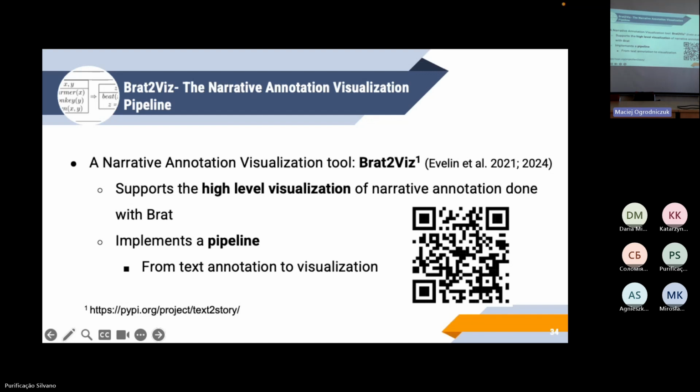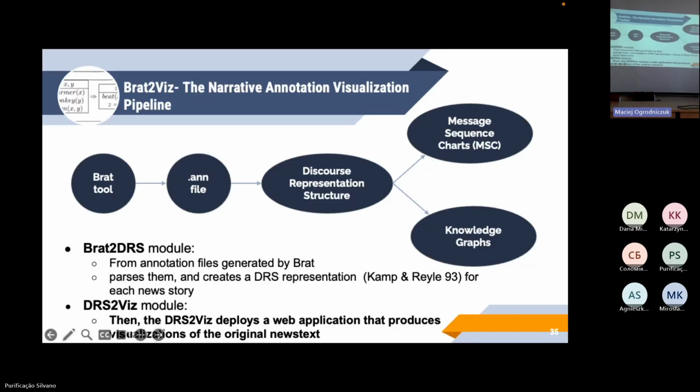So how does this work? I'm going to explain very briefly. We have this BRAID tool, right? And then we have the annotated file, the one that I showed you in the example before. Then we represent it using the principles of discourse representation theory from Kamp and Reyle, 1993.